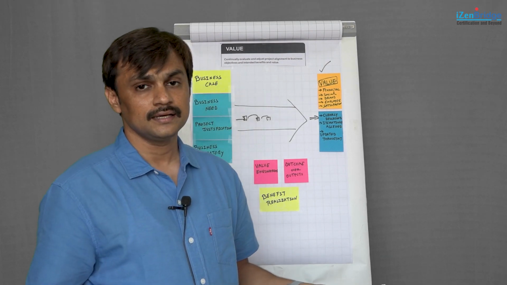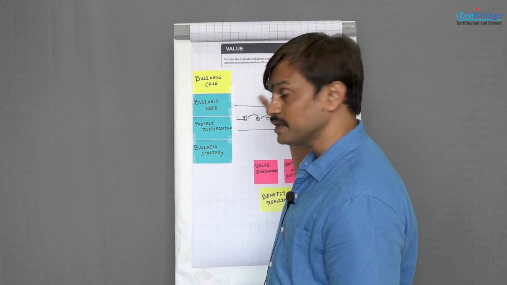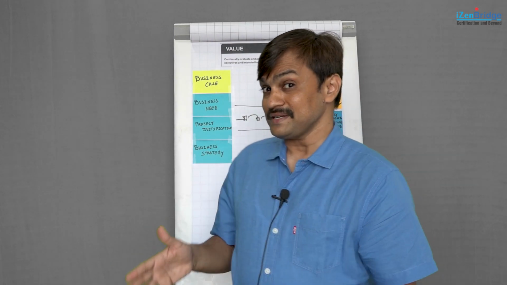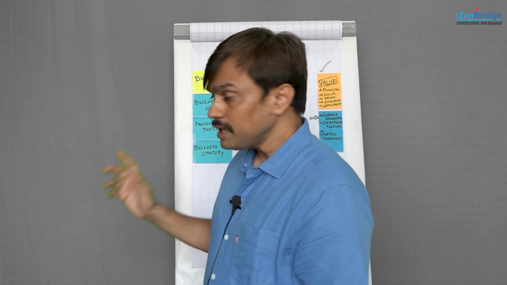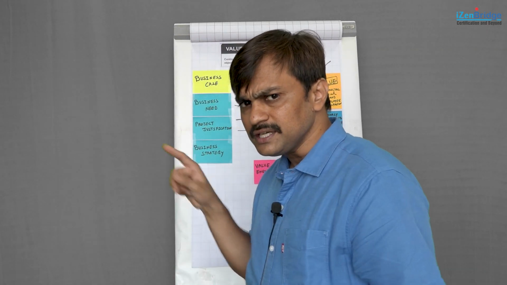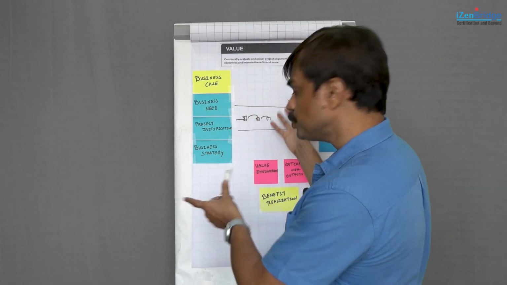So, if you realize that this business case is not going to be achieved, maybe we need to kill the project, or the 10% is too much, we can do 8%, we need to update the business case probably, or in order to achieve 10%, we need to do something different. Earlier we were thinking of deliverable A, but now we need to do deliverable B, we should do that.